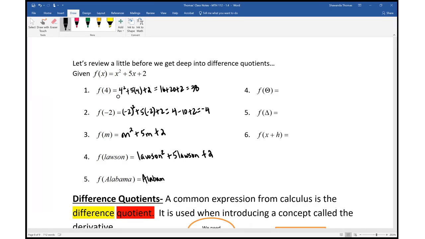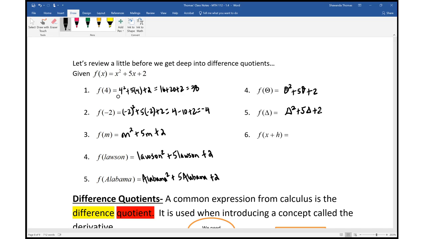Alabama squared plus 5 times Alabama plus 2. What about f of theta? That would be theta squared plus 5 times theta plus 2. What about delta? Delta squared plus 5 delta plus 2. Those are Greek letters, by the way.